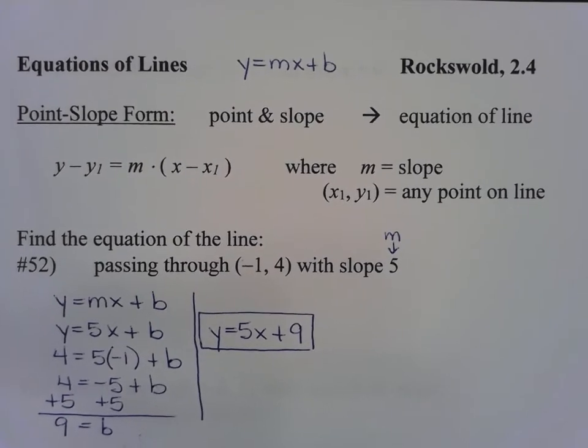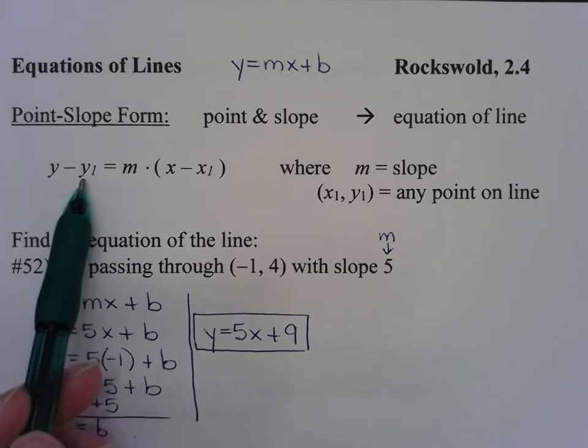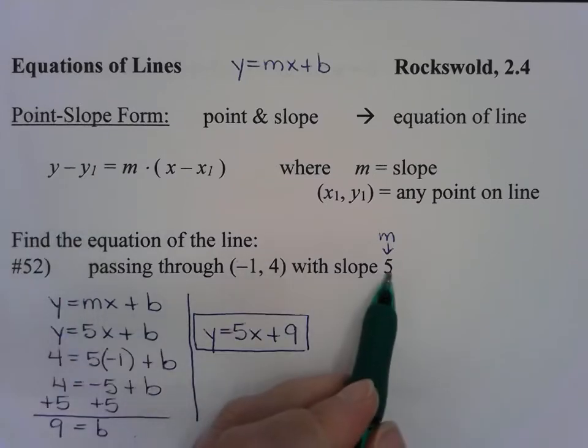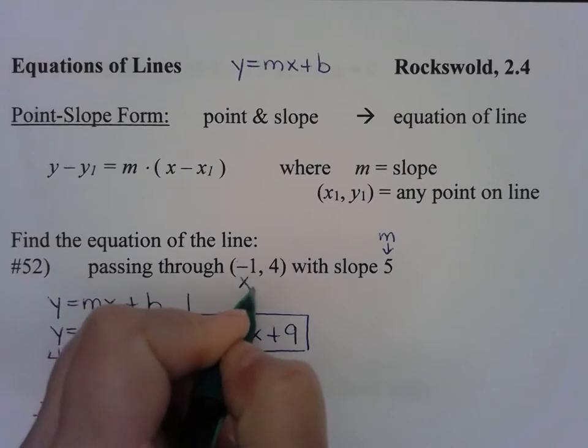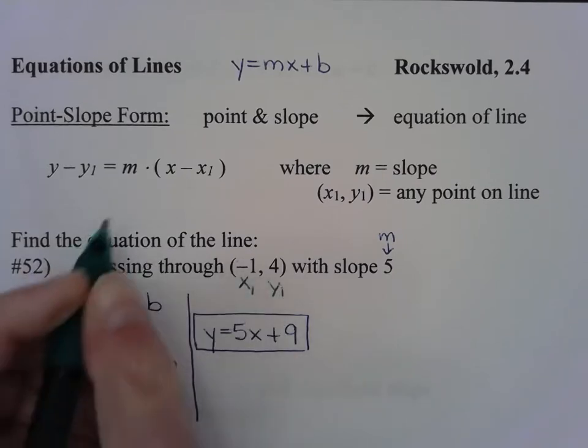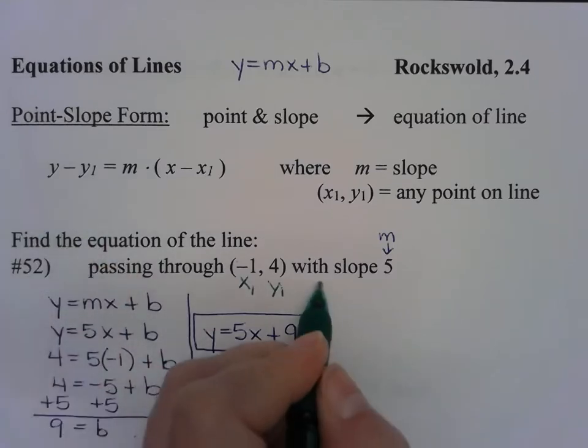Okay? You can also solve this by using the point-slope form. If you do that, you still have your slope for m. And now we're going to substitute in x1 and y1 as our point into this formula. I'm going to do that over here.